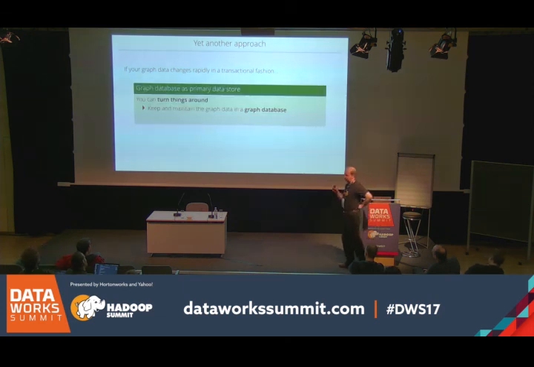What you want to do then is that you do the transactional changes directly in your graph database, because it's a database, therefore it can do these things very nicely for you. And do your low latency, quick real-time queries, exactly as I said, on that database. So you have quick answers, and you have it on the most recent set of data.